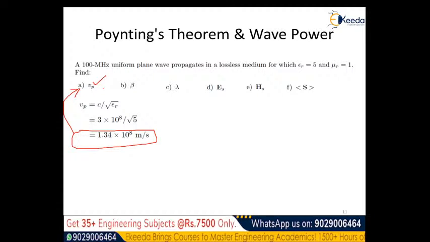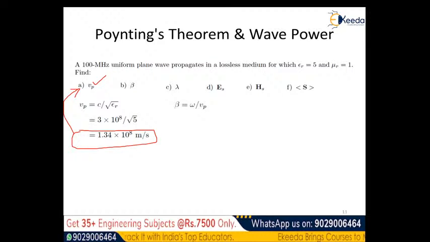Now we go for the next. We are required to find β. So β is the phase shift constant. As we have the changes of the phase with respect to the angular frequency ω and the velocity as just now determined by Vp here, we have the formulation β is equal to ω divided by Vp. So ω is the angular frequency.